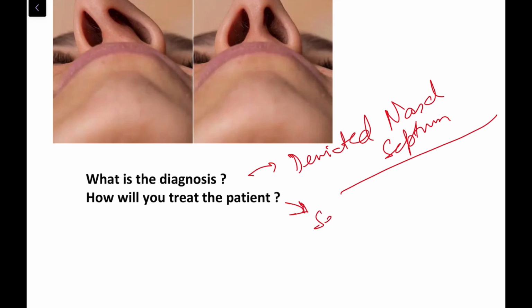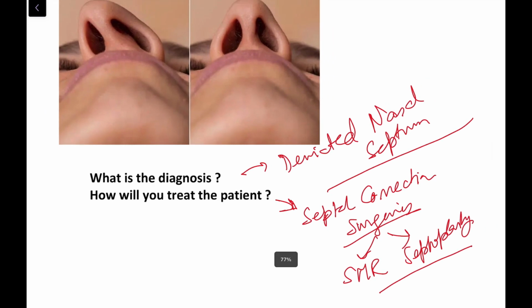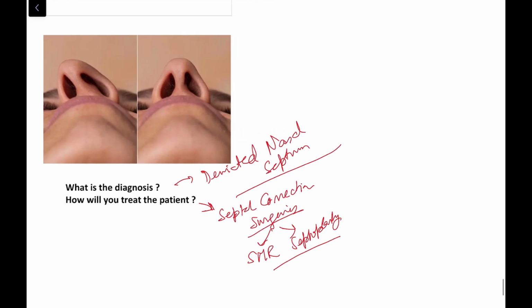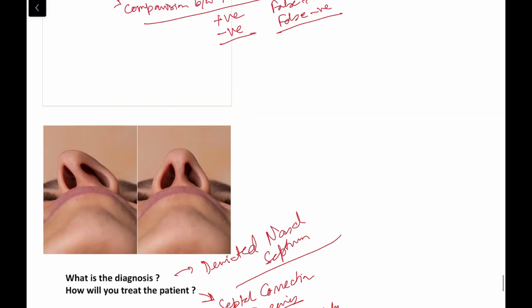So you will directly talk about the septal correction surgeries, namely the SMR and septoplasty. You need to know about the differences between SMR and septoplasty, and other cross questions regarding deviated nasal septum.